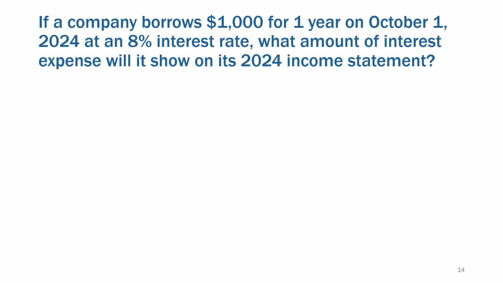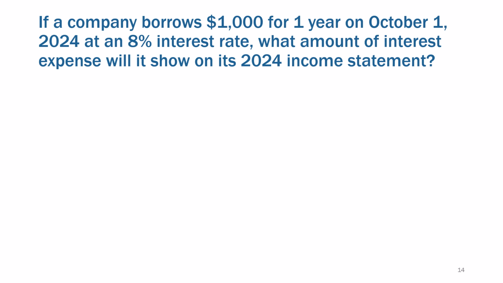If a company borrows $1,000 for 1 year on October 1st, 2024 at an 8% rate, what amount of interest expense will it show on its 2024 income statement? So if on October 1st, 2024, it borrows for 1 year, it means it's not going to pay it off until October 1st, 2025.